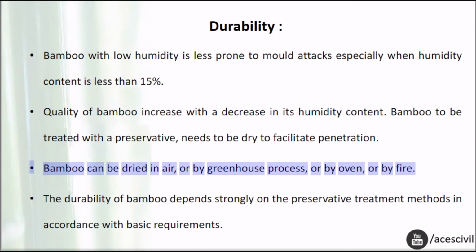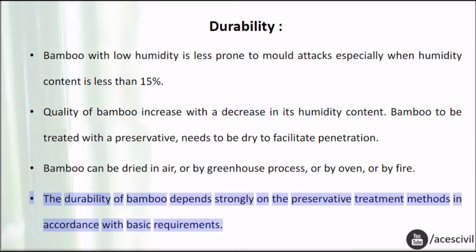Bamboo can be dried in air, or by greenhouse process, or by oven, or by fire. The durability of bamboo depends strongly on the preservative treatment methods in accordance with basic requirements.